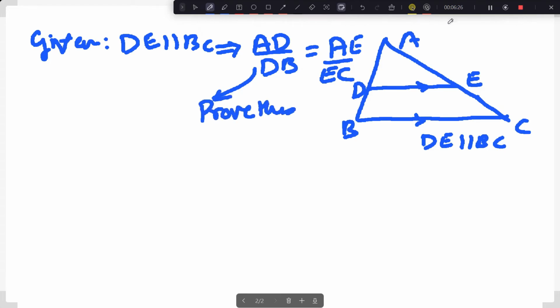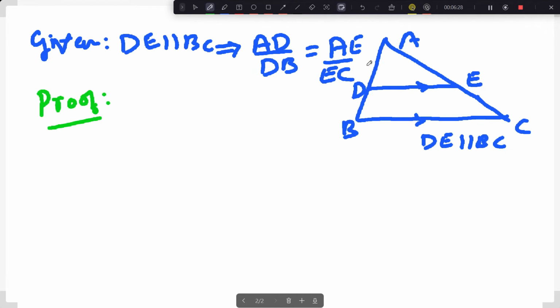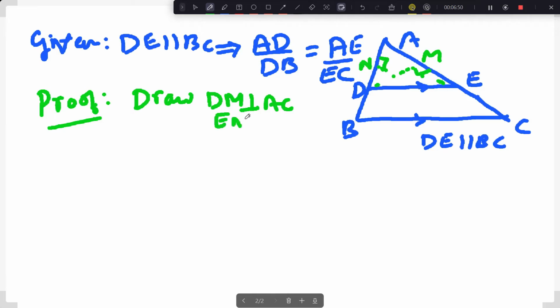right? So what we will do is we'll draw a line perpendicular to this, right? And similarly, we'll draw a line perpendicular to this. Draw BN perpendicular to AC and EN perpendicular to AB. Join DC and BE.